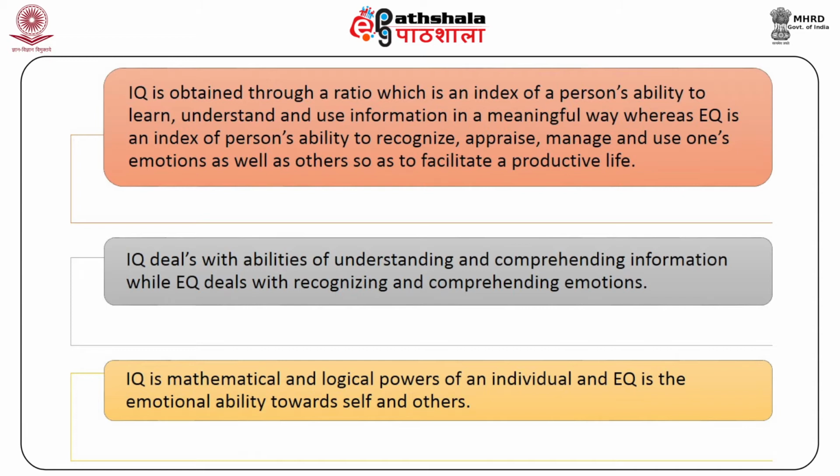IQ deals with abilities of understanding and comprehending information, while EQ deals with recognizing and comprehending emotions. IQ is mathematical and logical powers of an individual, and EQ is the emotional ability towards self and others.